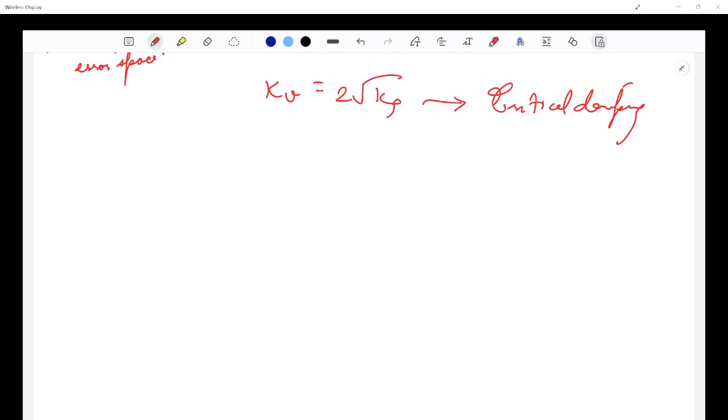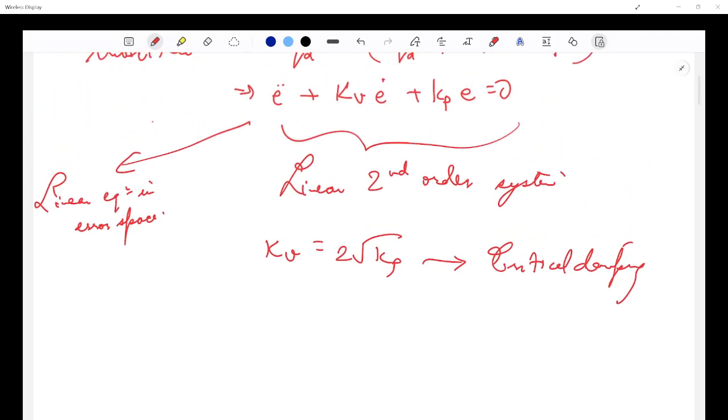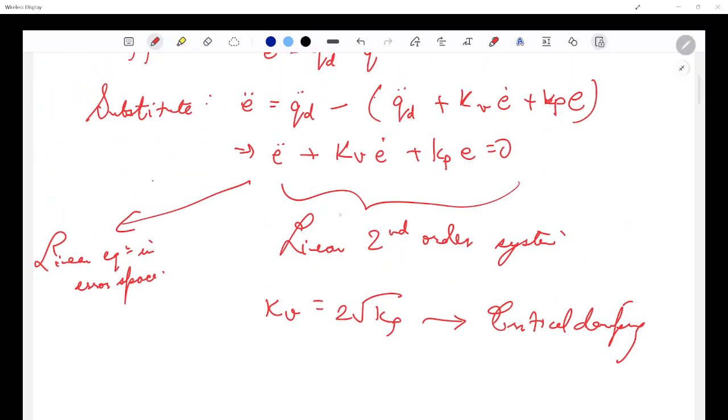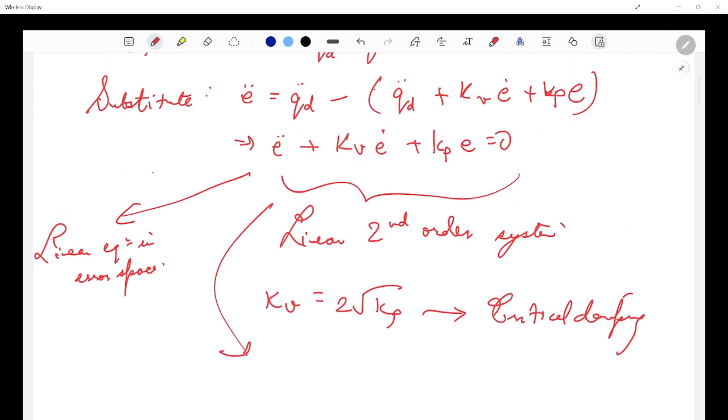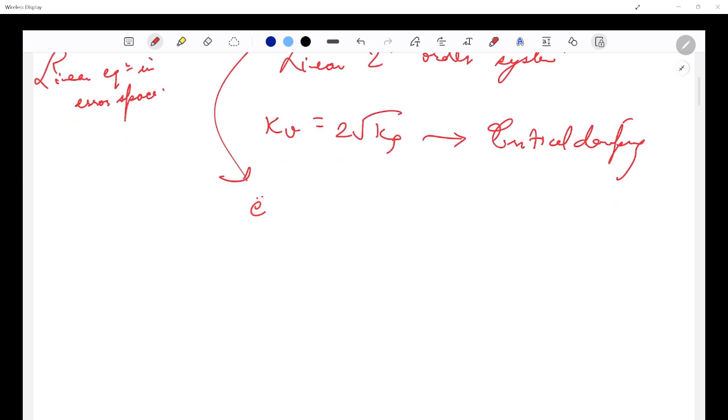You might not have the correct matrices M, C, G, and friction model, etc. There may be computational delay. There may be some parametric uncertainty, right? So the actual error equation may not be this, and it might look like this: plus KV E dot plus KP E is equal to some model mismatch terms.